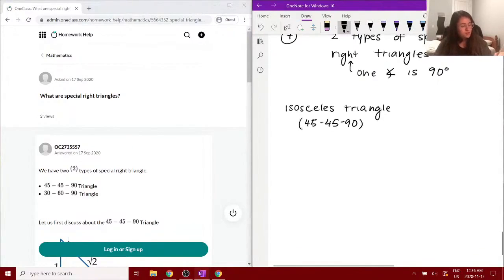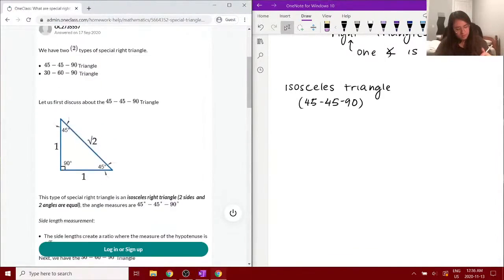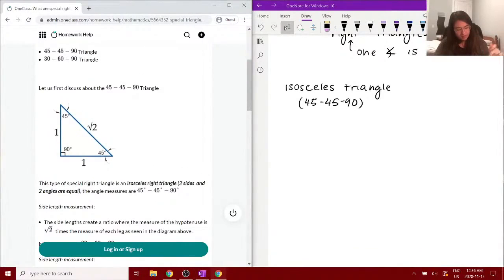So let's draw that one first. This is what the triangle looks like. Where we have the 90 degrees in this corner, we have 45 degrees and 45 degrees in the other corners.